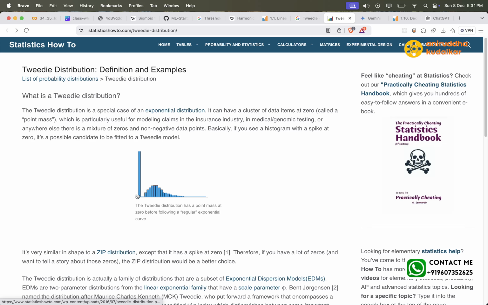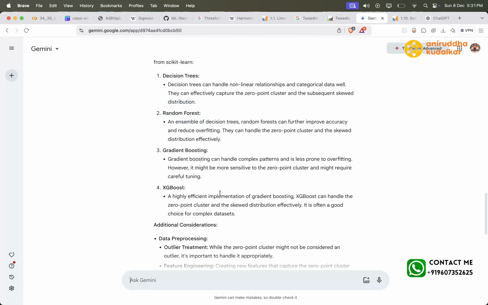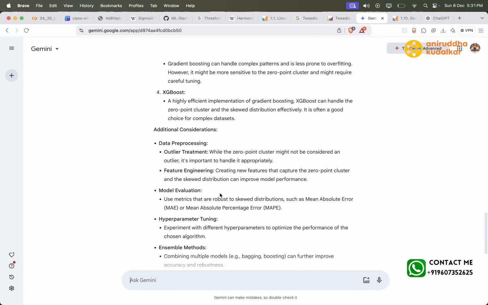So this point is ranging within this height only. In that case, you could have considered this guy as an outlier. But the segregation of the points is way higher than the maximum number of results over here. So the spike is way higher. So you cannot consider this as an outlier. So Gemini is giving you the wrong answers.